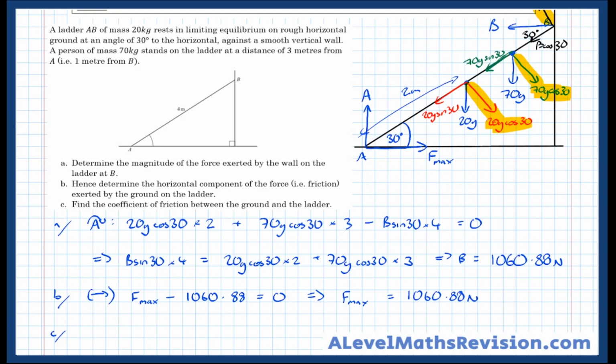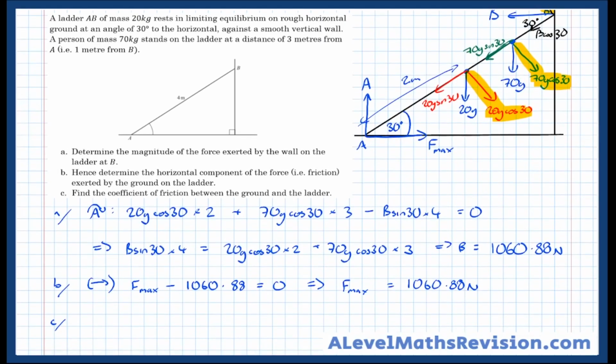And then part C, find the coefficient of friction between the ground and the ladder. So to be able to do that, because it's maximum friction, we know that F max equals mu R. Well, we've got F max now. We know that F max is 1060.88. What we need now is the normal reaction. So let's resolve vertically, considering only our original diagram, the blue forces.